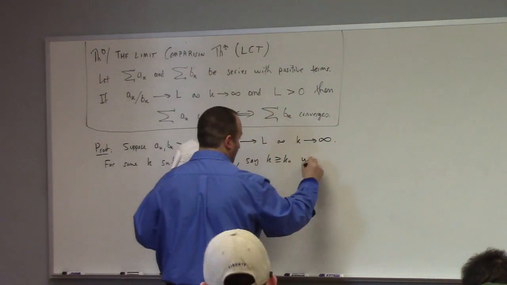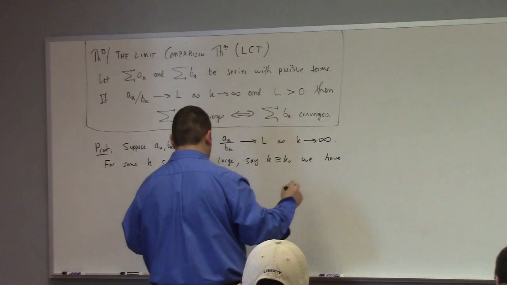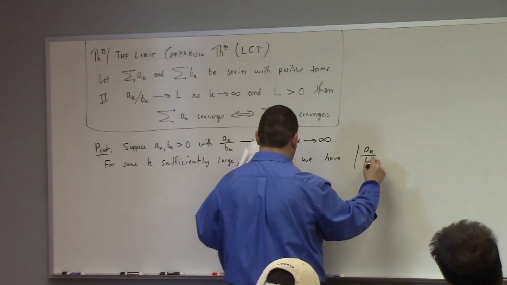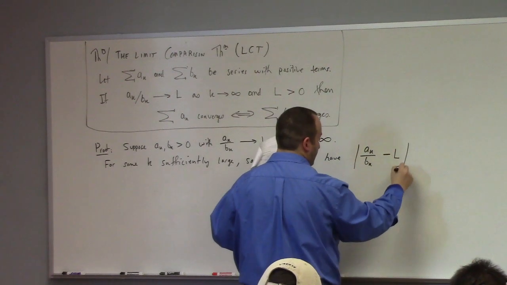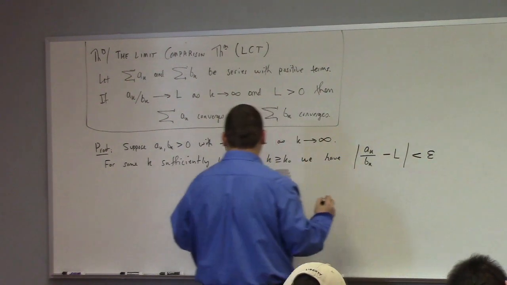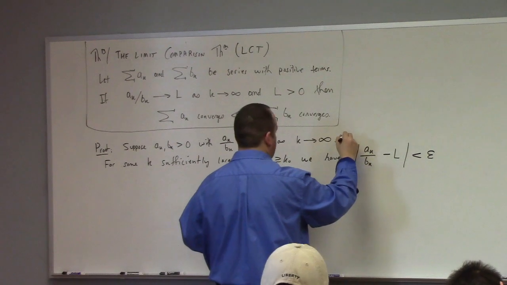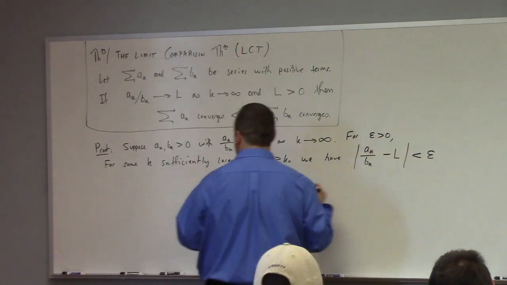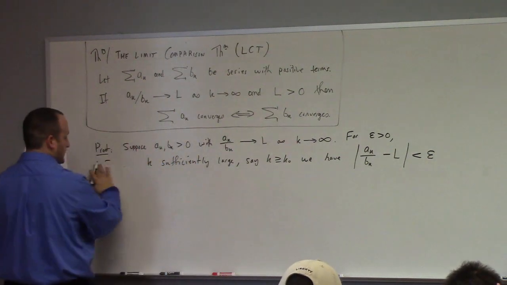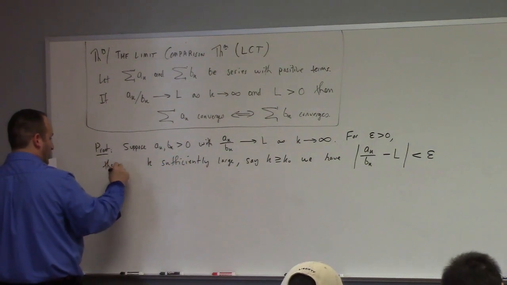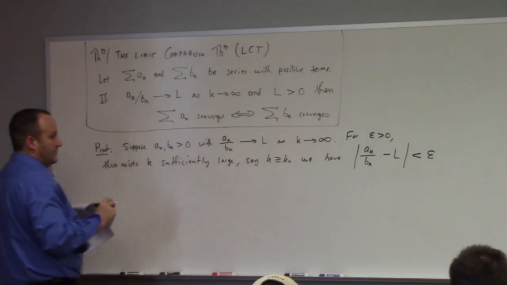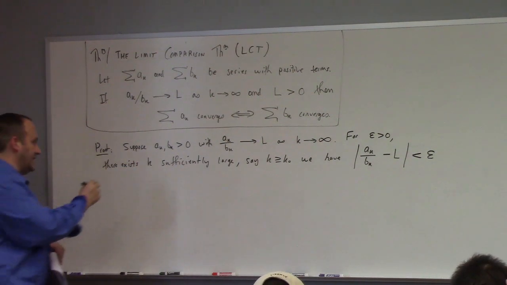We have the absolute value of A sub K over B sub K minus L is less than epsilon. All right, so I would say this, for epsilon greater than 0, there exists K naught.